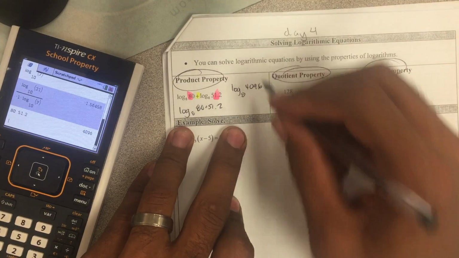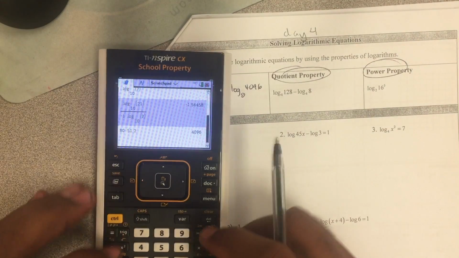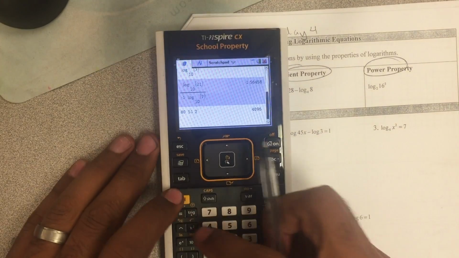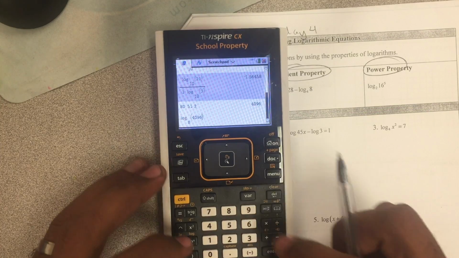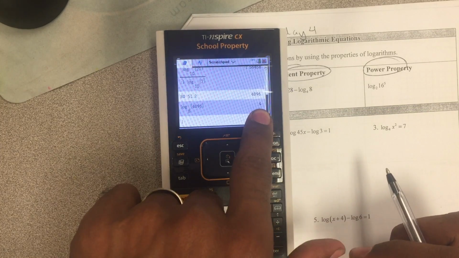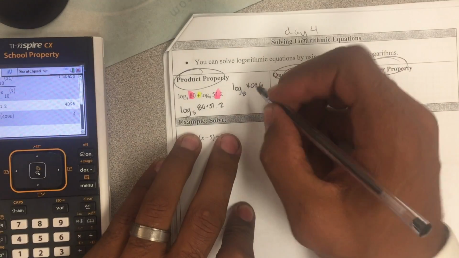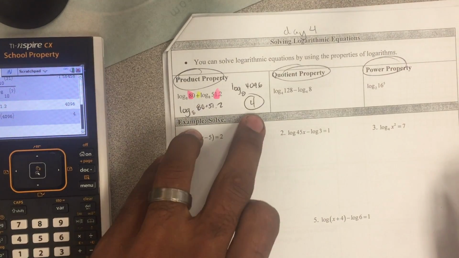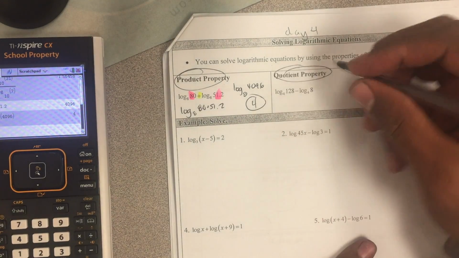And I can actually just input this right into the calculator. So now I do log base 8 of 4,096. Oh, it looks like 8 to the 4. 8 to the 4 is equal to that. Okay, it gives me 4,096. Okay, so then same thing here.